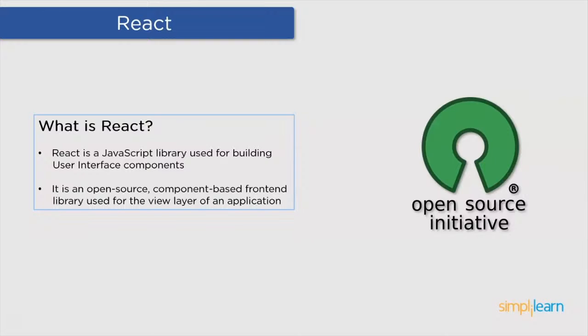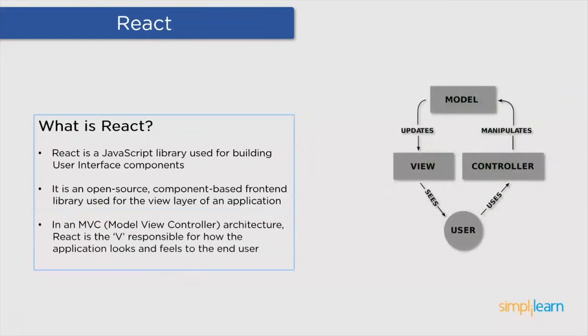It is also component-based, and these components can be used again and again, promoting code reusability. It follows the MVC or Model View Controller architecture. React is the V, responsible for how the application looks and feels for the end user.